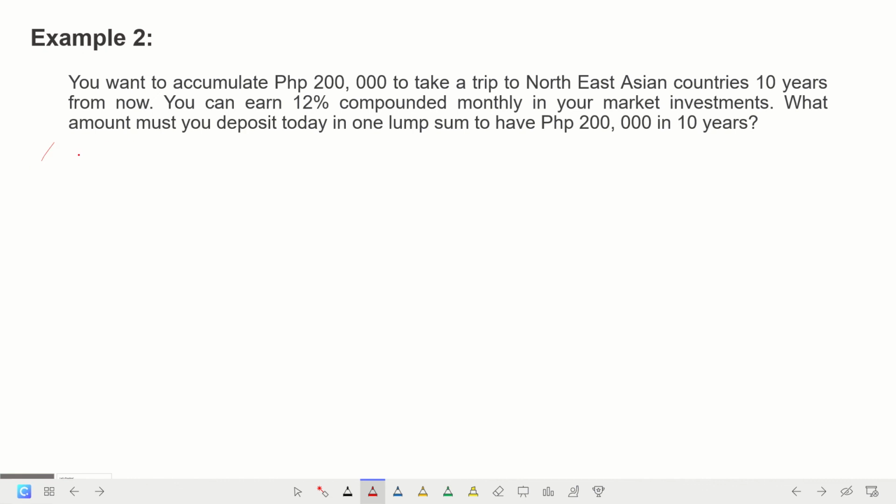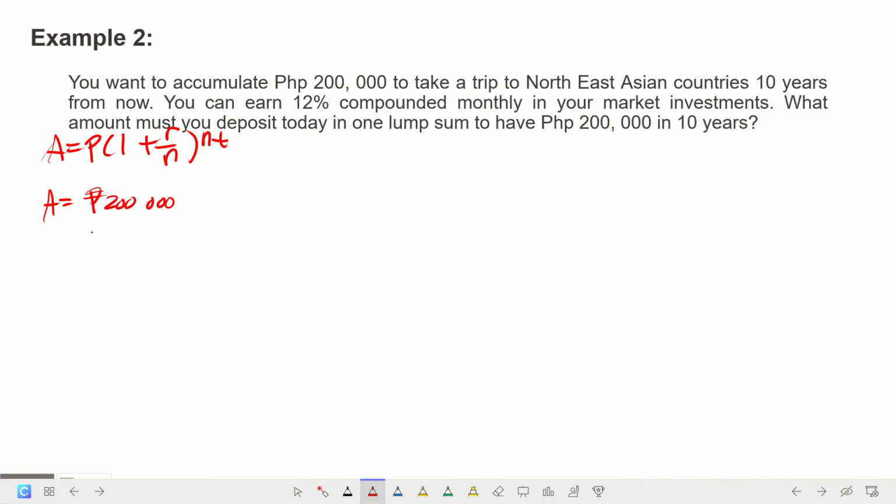So, again, our formula is A is equal to P times 1 plus R divided by N raised to N times T. So, given yung ating accumulated value or the future value is equal to 200,000 pesos.